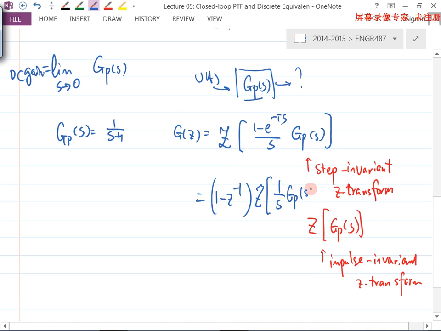For the second block here, you can use a table to find its Z transform. For this particular case, this is 1 over S times (S plus 1), so you can find that easily, as in the previous lecture.